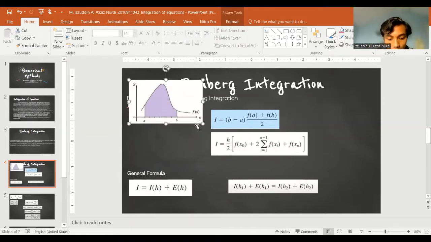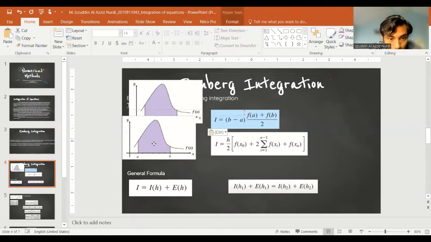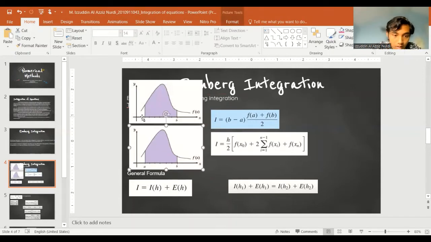If we want to make it more accurate, we can add segments in the curve like this. This is segment 1 and this is segment 2. If we have two segments in one curve, we use this formula right here.